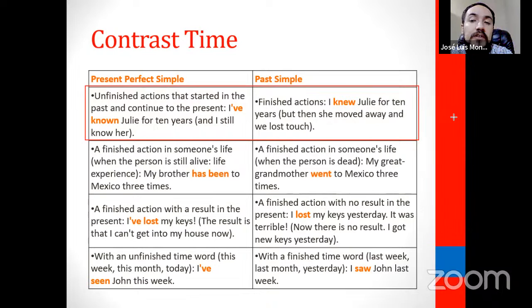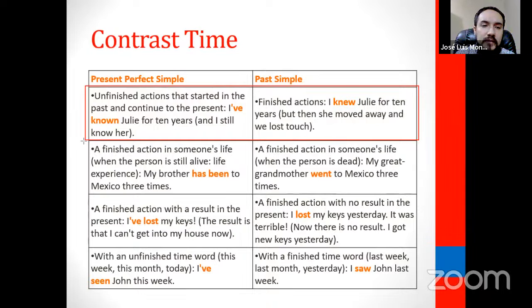I knew Julie for 10 years. But then she moved away and we lost touch. It means that it's not true anymore. It's not happening anymore. It's not part of the present anymore. It is something that finished. And in that case, we use the simple past or past simple.